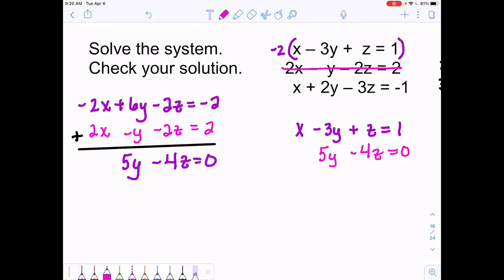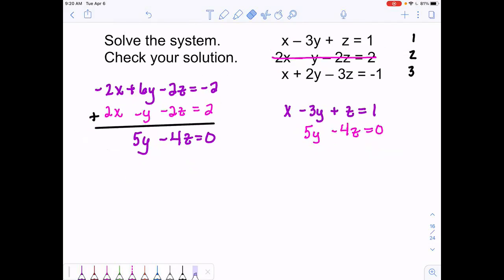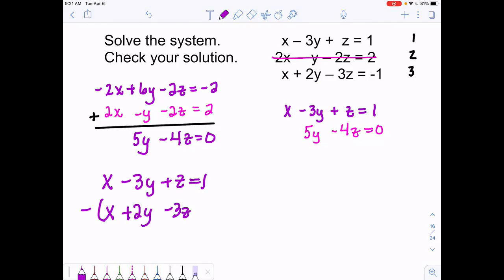All right, so we're going to go back to the original problem. And now we're going to pair 1 and 3 together. Joe, how can you take 1 and eliminate an x from the third equation? Yeah, you can just subtract them. So we're just going to subtract that whole third equation.